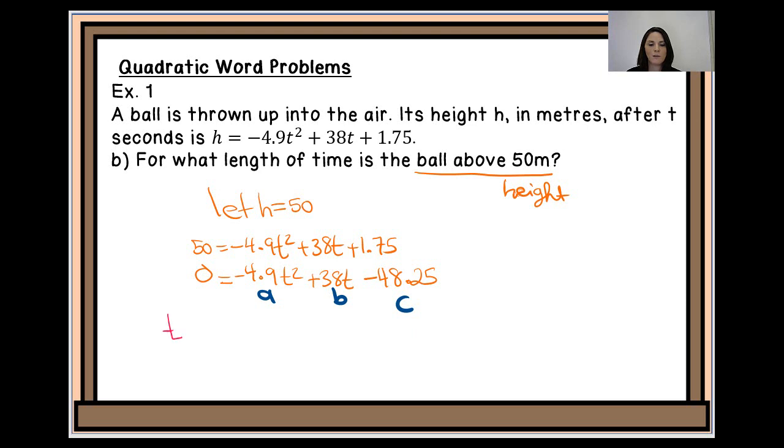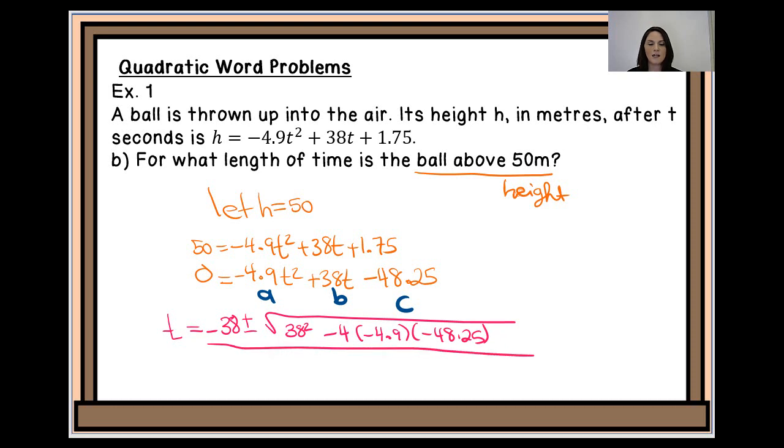So it's still the same formula, so t equals negative b, so negative 38, plus or minus the square root of b squared, 38 squared, minus 4ac, so minus 4 times negative 4.9 times negative 48.25, and divided by 2 times negative 4.9.